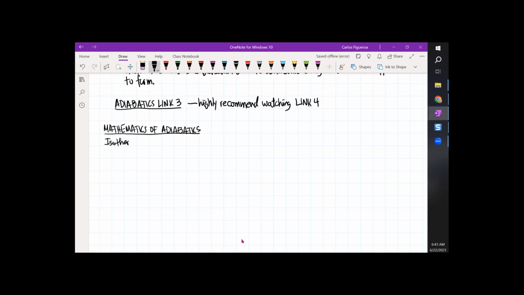Isothermal and adiabatic processes are similar. Because of this, let's compare them.